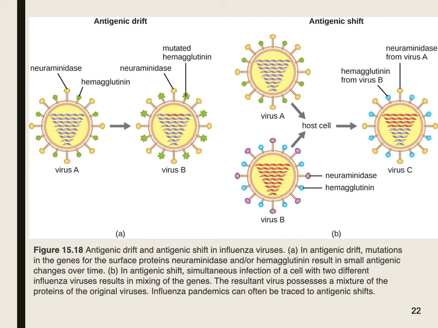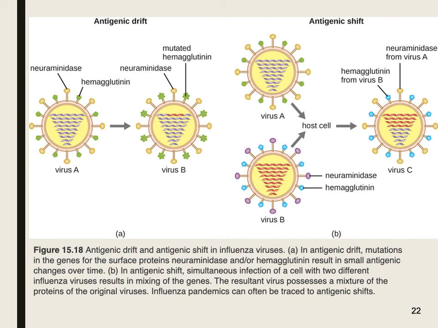Usually these changes aren't so profound that they change the neuraminidase and hemagglutinin numbers. So it could be just a subset, a substrain that ends up arising from a drift. A shift is where we have a major change in the hemagglutinin or neuraminidase, and so this makes a new strain, a new novel virus, if you will.